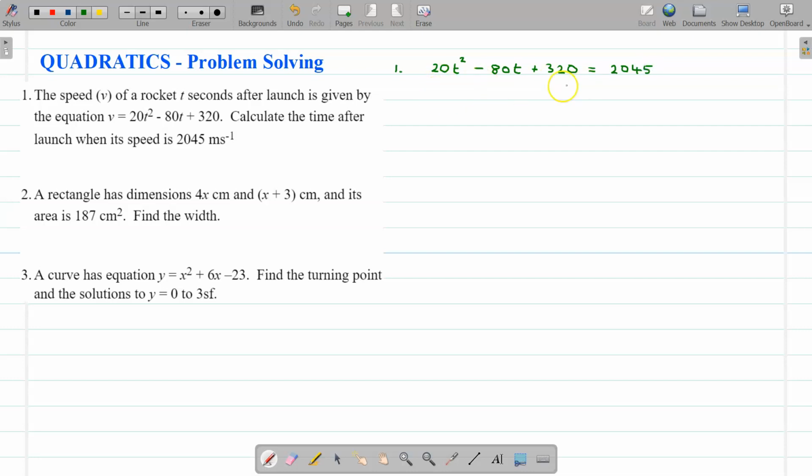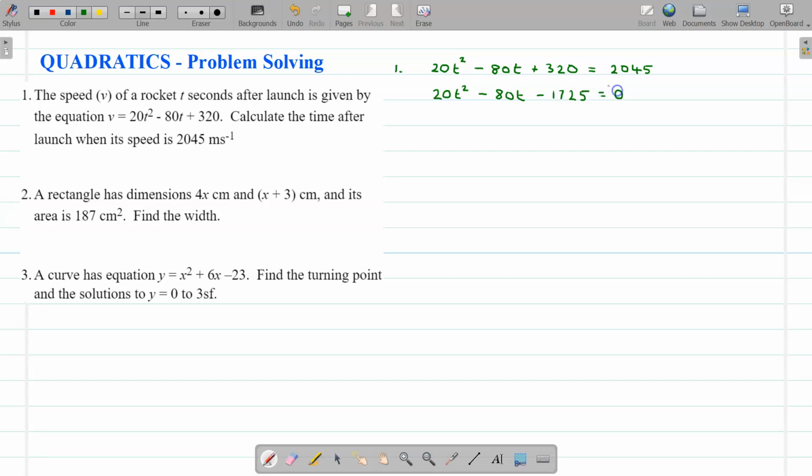Okay, we now tidy that up and we set the right hand side to 0. So we have 20t squared minus 80t. Okay, and then we have minus 1725 equals 0.